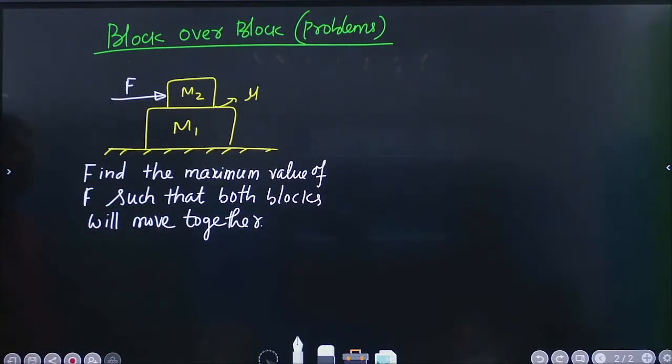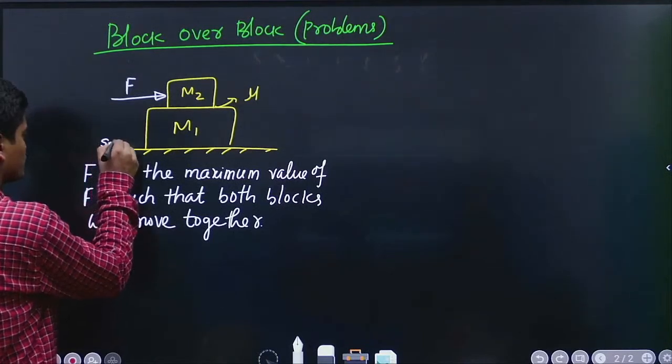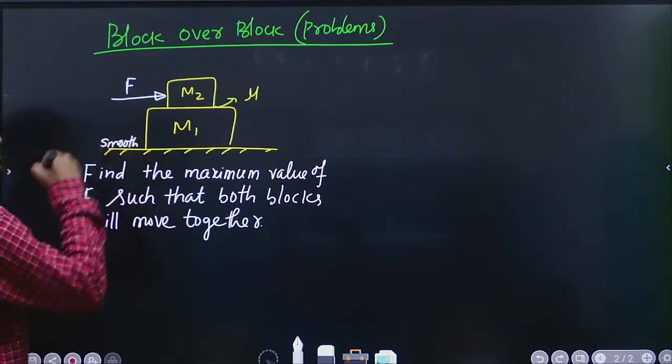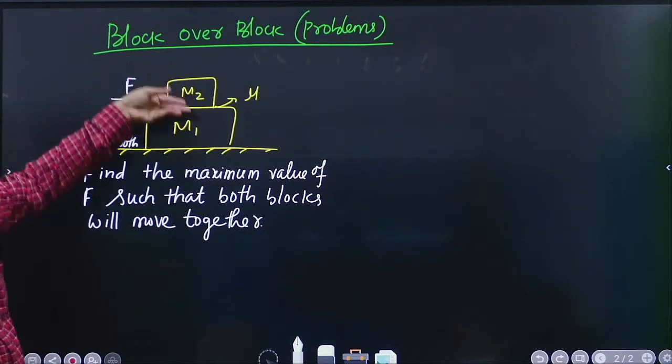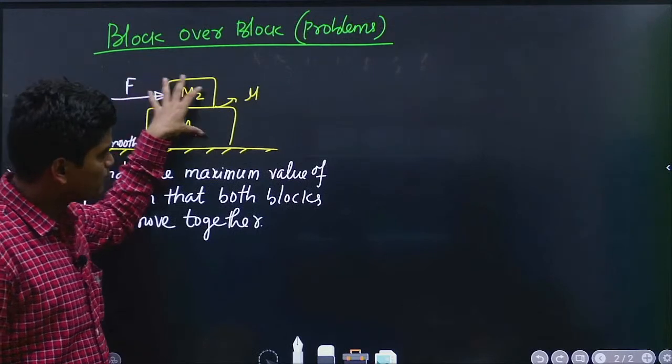Now understand, the floor here is taken as a smooth surface. You take a smooth surface. You have to apply a force on M2 so that both blocks M1 and M2 will move.